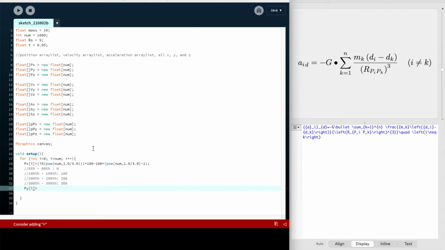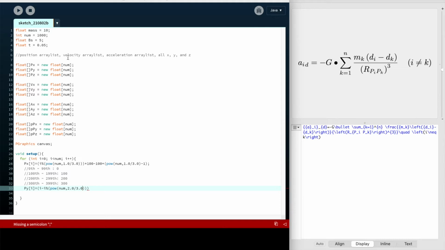And so what I'm going to have to do here is first of all subtract the I percentage of, so the remainder when I divide I by 100, so power of num, comma, 2.0 divided by 3.0, because that's going to give me 100.